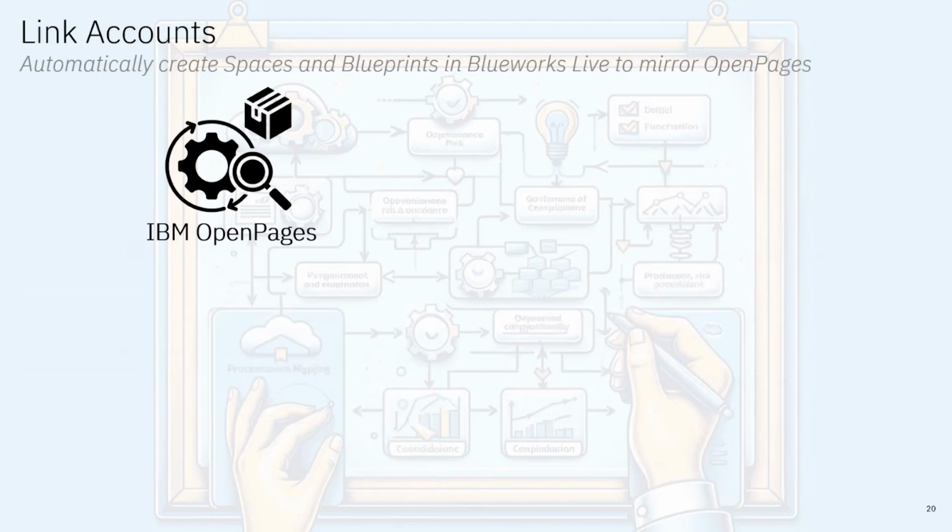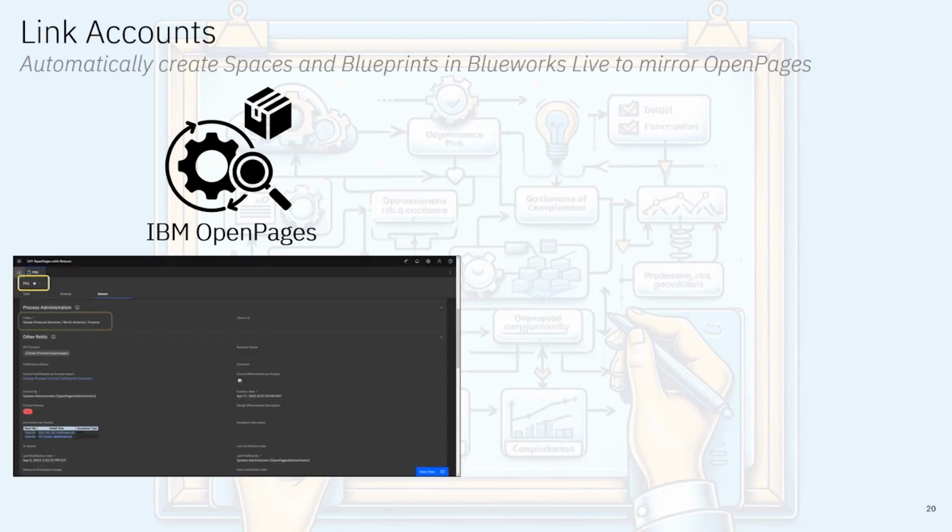We can also link the accounts together. And what I mean by this is, once you've documented a process inside of Blueworks, how do I know what process that is actually going to be in OpenPages? And how do I quickly go from OpenPages into Blueworks in order to view that process in a more graphical way?